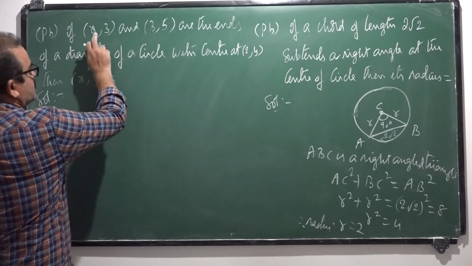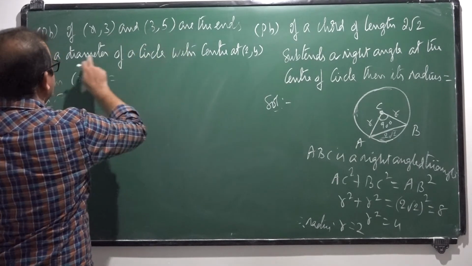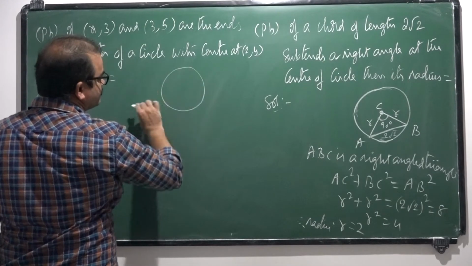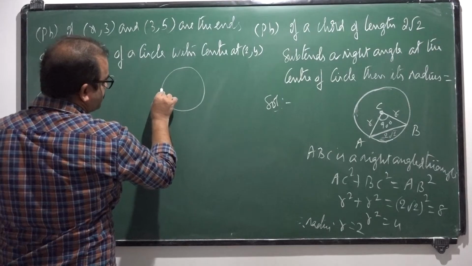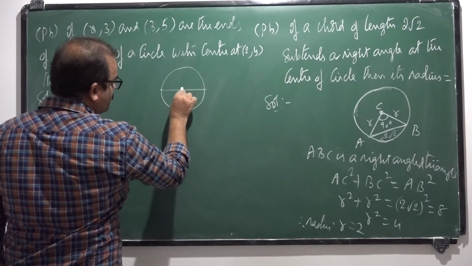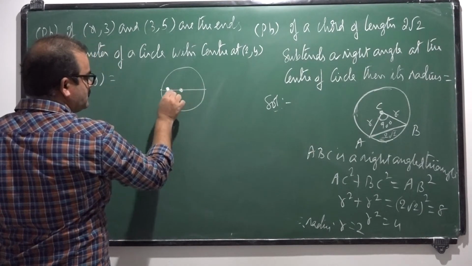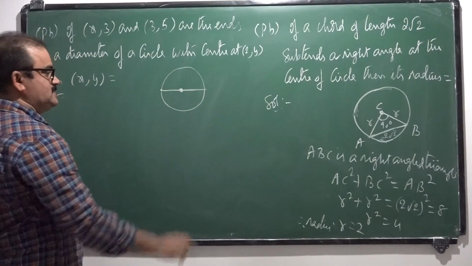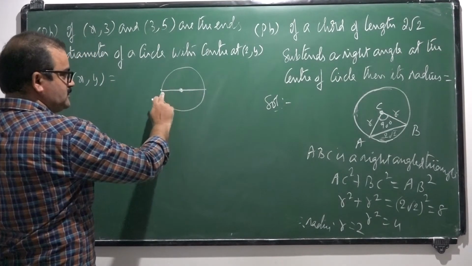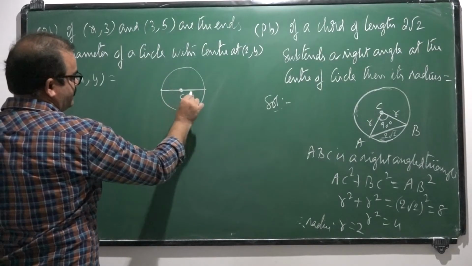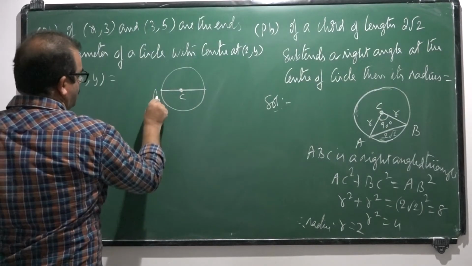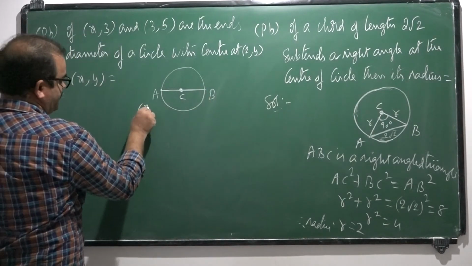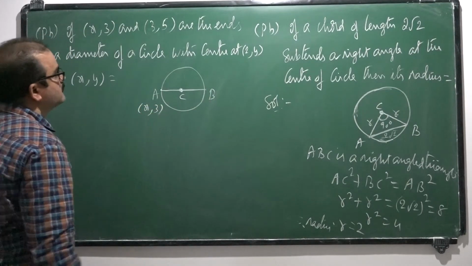Okay, 2 points are given. These 2 points are ends of diameter. This is called diameter. Diameter means it is a chord passing through center. What are the endpoints of diameter? X comma 3.